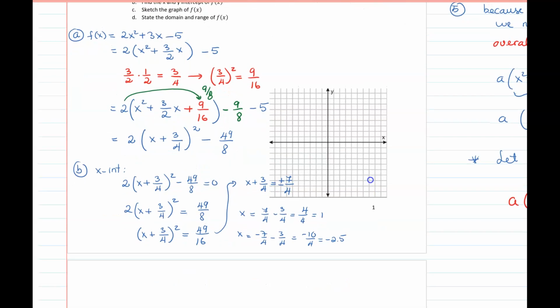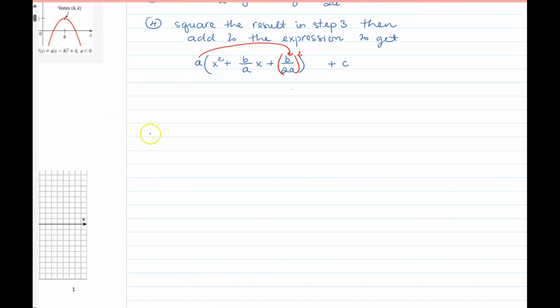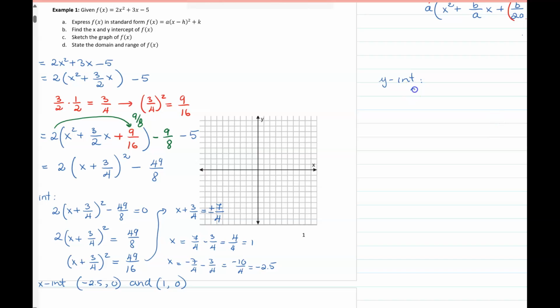So here we have 2 x-intercepts at the points negative 2.5, 0, and 1, 0. Now we need to find the y-intercept. So y-intercept is the value of y when x equal to 0. So we let x equal to 0 in the equation. So 2 times 0 plus 3/4 squared minus 49/8.